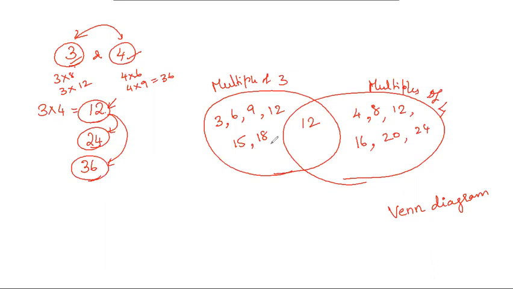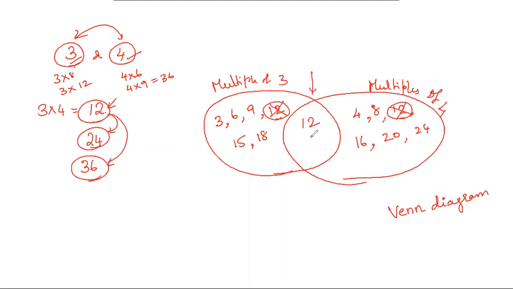So now, how can you pick up your common multiple here? Yes, 12 becomes your common multiple because here 12 is there, here also 12 is there. So in this individual space, I'm not writing that 12. Where am I putting that 12?